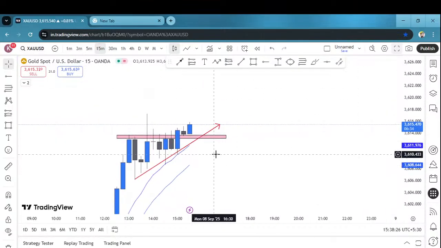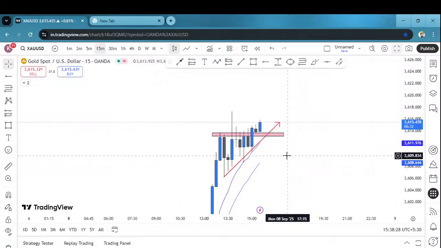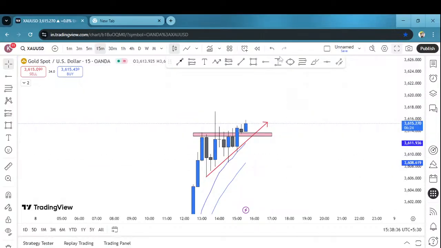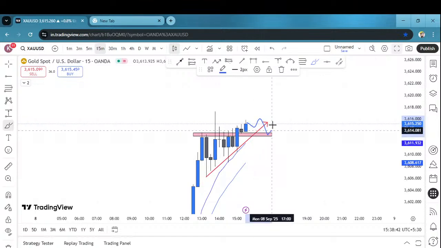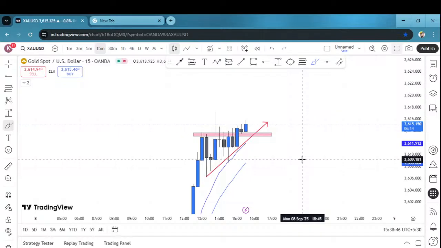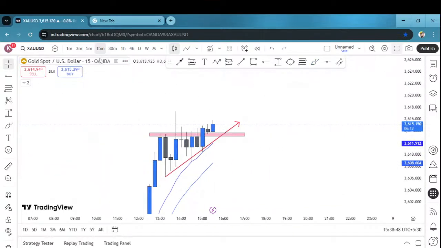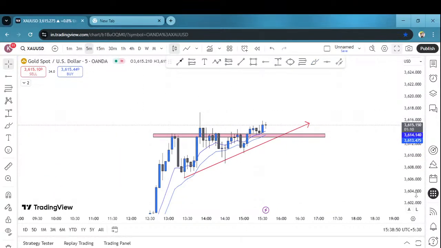Oh no, there's nothing. You can't take a trade over here. But yeah, if you want to take, go for buys. After every retracement, buy, retracement, buy, retracement, buy. That's what is happening over here. So you should wait.